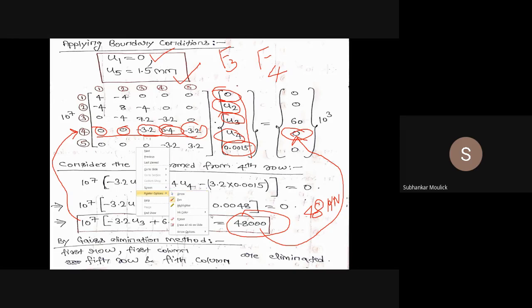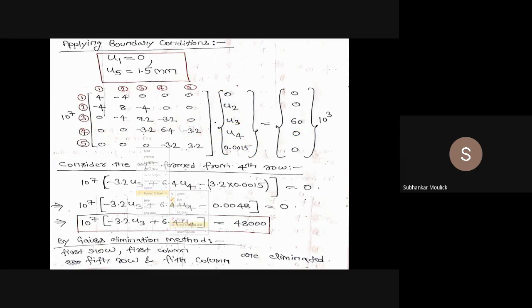If I substitute this F4 over here, U1 is already 0, U5 is 0.0015 and F3 is 60 into 10 to the power 3. And now I can solve this matrix equation. Now I have to use the Gauss elimination method.